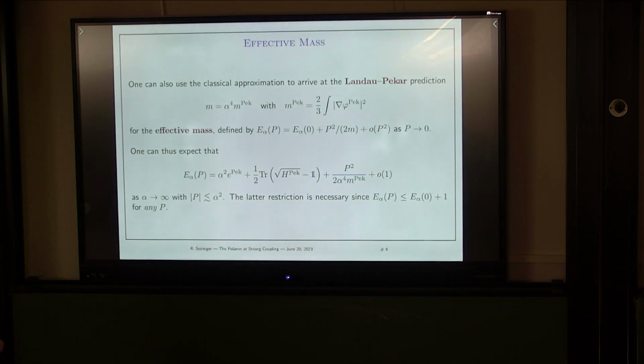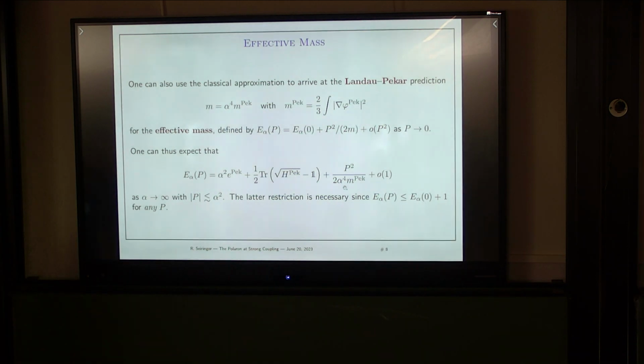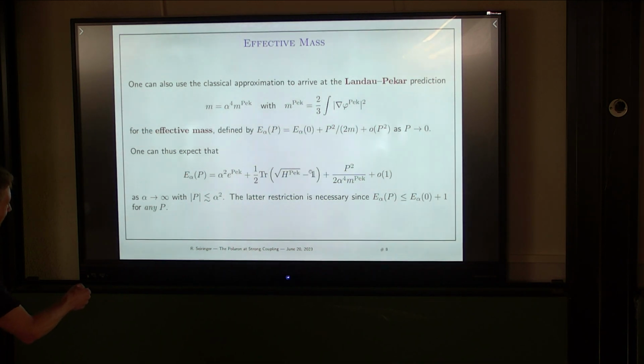So what we expect, therefore, if we take these two results together: the quantum correction to the ground state energy coming from the quantum fluctuations, plus the expectation that there should really be a parabolic behavior with an effective mass of this size, then what we would really like to try to prove is a formula like this. The classical Pekar energy, the quantum corrections, and then a parabolic behavior with the prefactor alpha to the 4th.